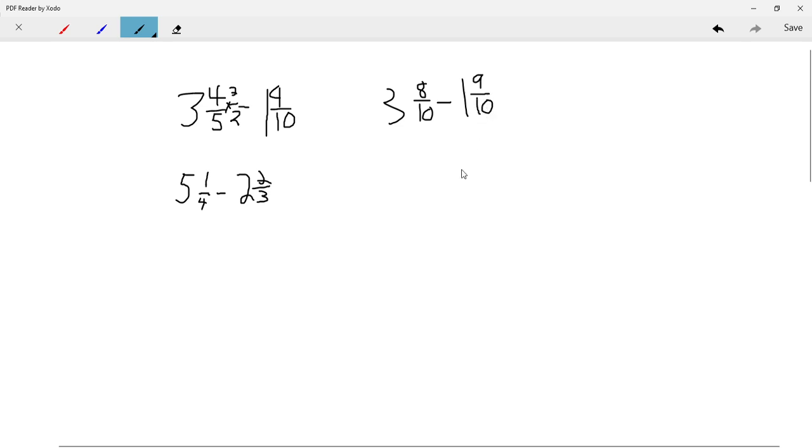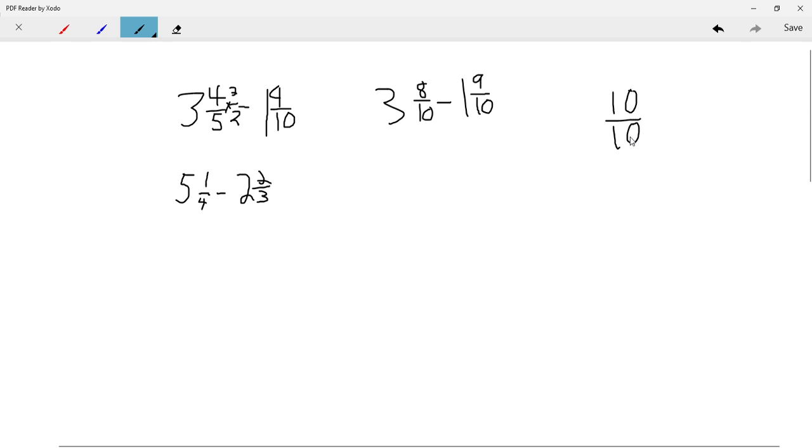Now, what we need to do is change these into improper fractions. So to do that, I'm looking at how this is the denominator, 10. So that means that we have 3 wholes, and 1 whole in tenths is equal to 10 over 10.